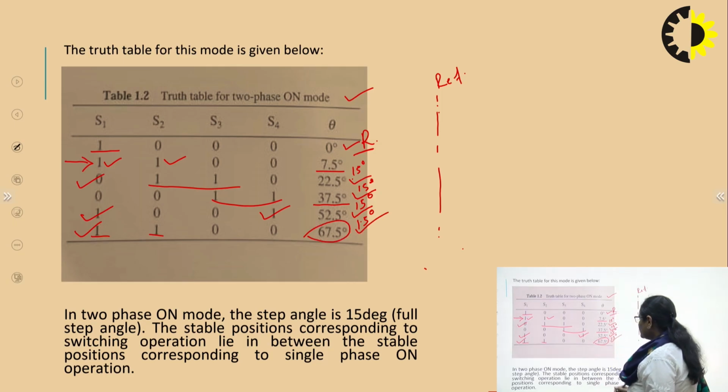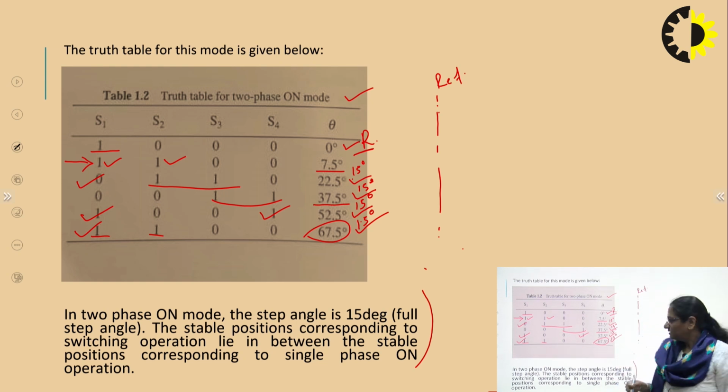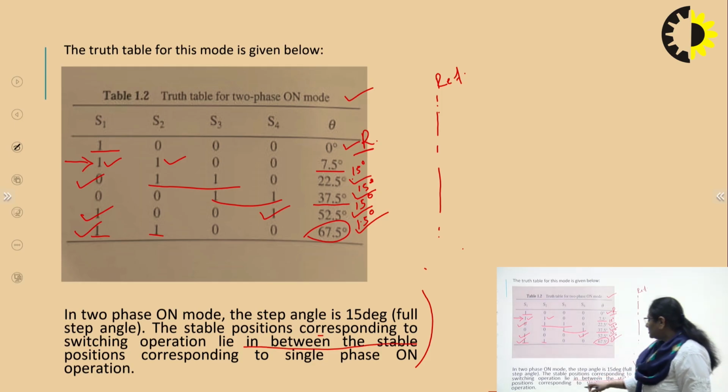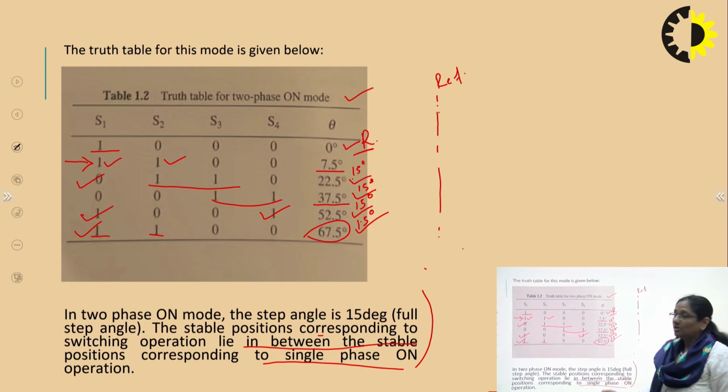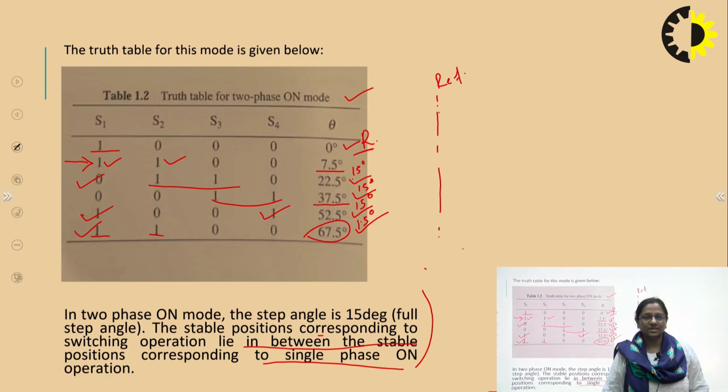So in two-phase mode, the step angle is 15 degree only, and the same angle we were obtaining in single phase on method. The stable positions corresponding to the switching operation lie in between the stable positions corresponding to single phase on operation. Now the question arises, if we are getting the same 15 degree step angle, what is the requirement of operating the machine in two phase on method?